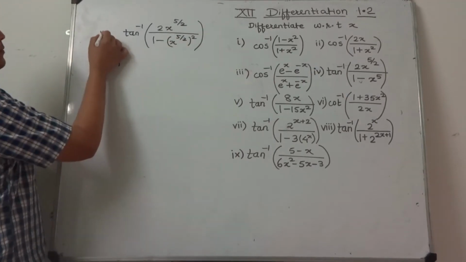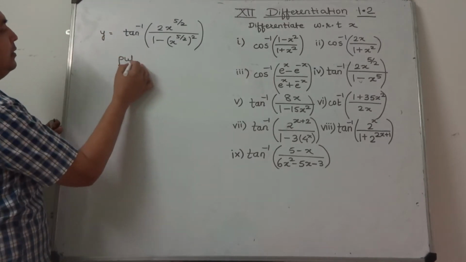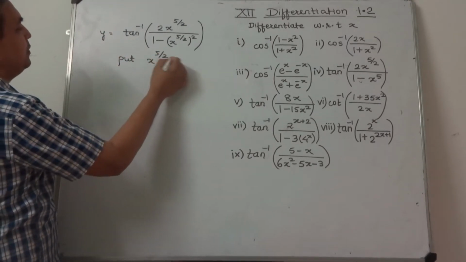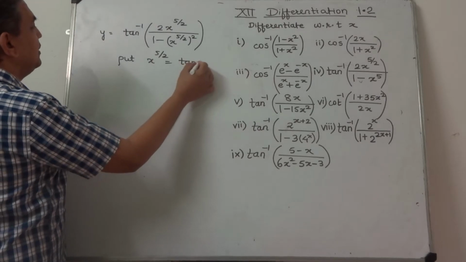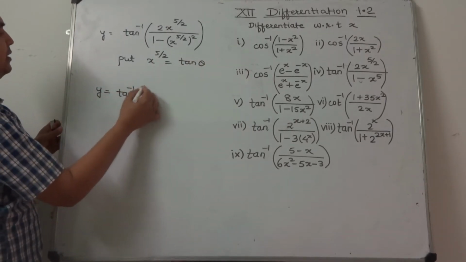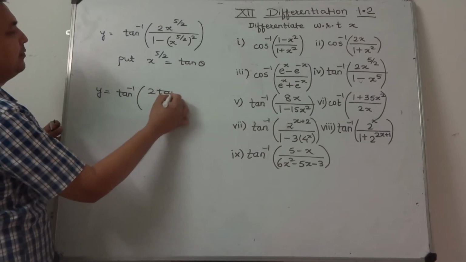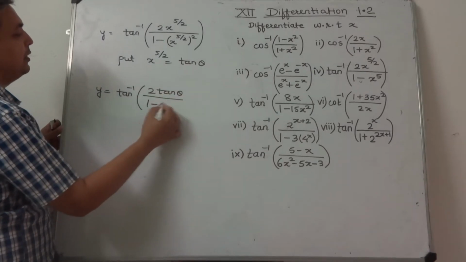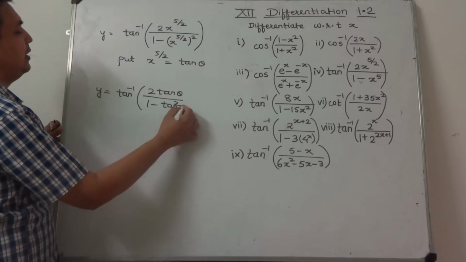And now we put x raised to 5 by 2 equal to tan theta, and so we get y equal to tan inverse of 2 tan theta upon 1 minus tan square theta.